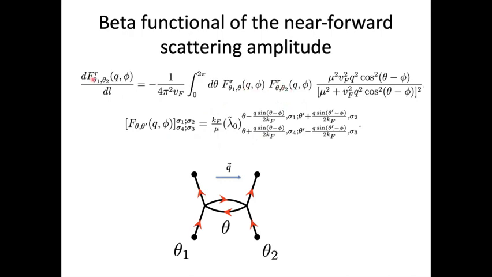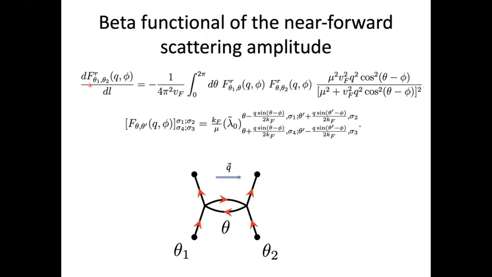Here F is a matrix that depends on two angles, theta 1 and theta 2, for the location of this particle pair, and Q and phi represent the magnitude and angle of the momentum transfer. And this is the one-loop beta functional of those near-forward scattering amplitudes.